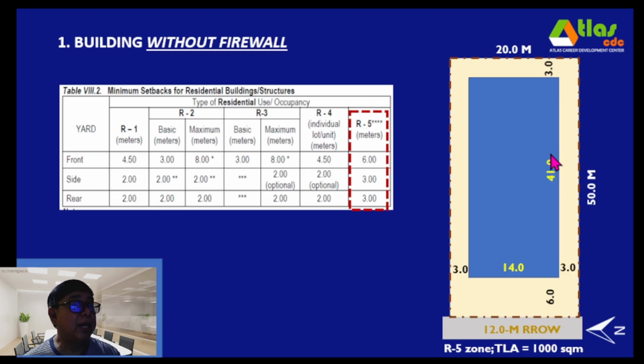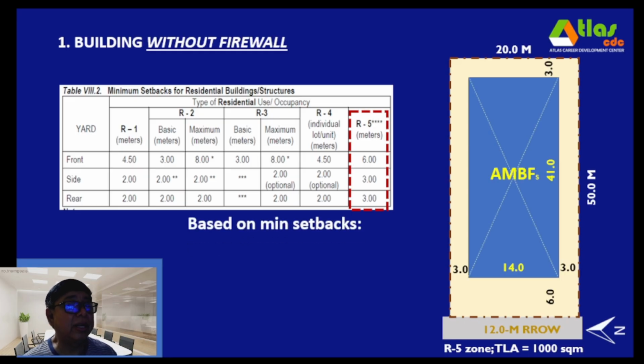Makukuha natin yung maximum depth of the building. Maximum dimension depth ng building, no? So from there, we now have the dimension of this blue rectangular area, which is our AMBF based on the minimum setbacks. So we just multiply yung 14 meters by 41 meters.